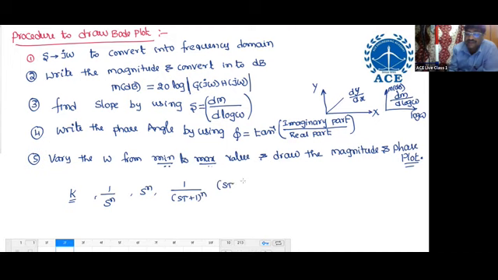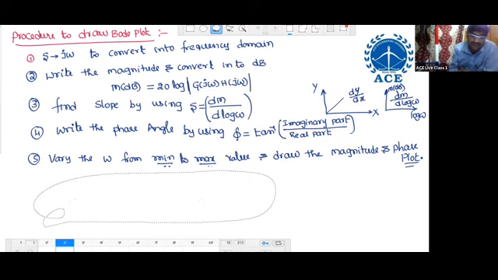Once you know the slopes and phase angles for these, we can draw the Bode plot directly. So first we'll discuss the slopes and phase angles for these.